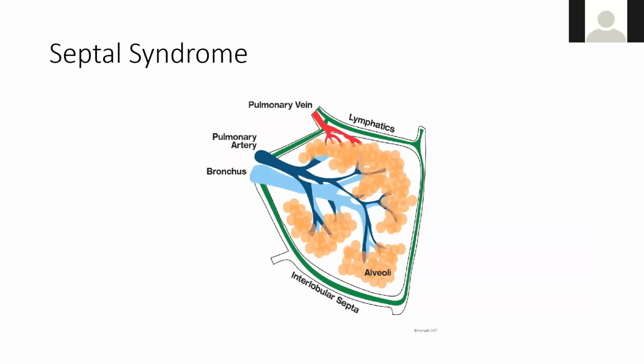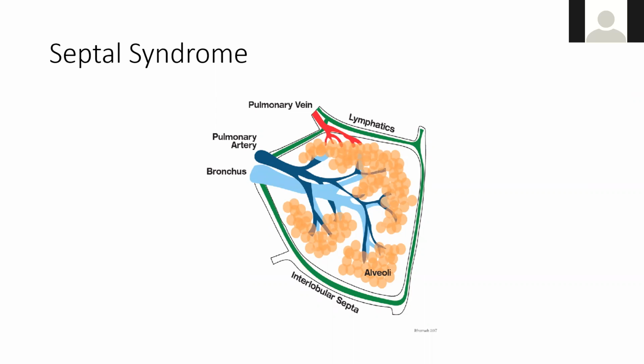What I did want to spend a little bit of time talking about was this concept of septal syndrome. So the secondary pulmonary lobule, which is what I've shown a picture of here, is the functional unit of the lung. It's a cluster of up to 30 acini, which is supplied by a common distal pulmonary artery and bronchiole.